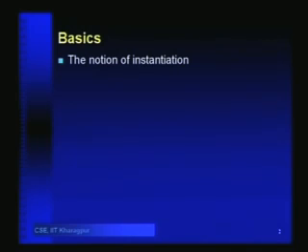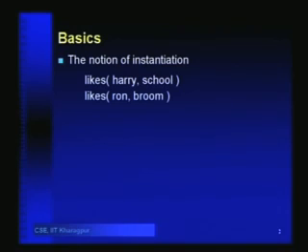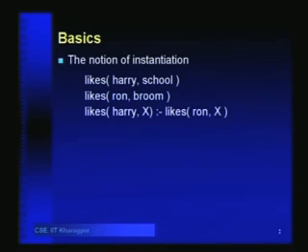Firstly, we have the notion of instantiation, which is similar to first order logic. So, you can have predicates like likes Harry school, which is a fact because Harry and school are given constants, likes Ron broom, and then you can have rules of this form where you have likes Harry X if likes Ron X. So, here in Prolog this is a sub goal, and in order to satisfy this sub goal you have to satisfy these, right.